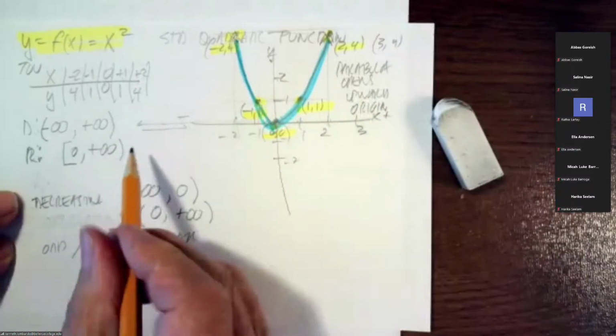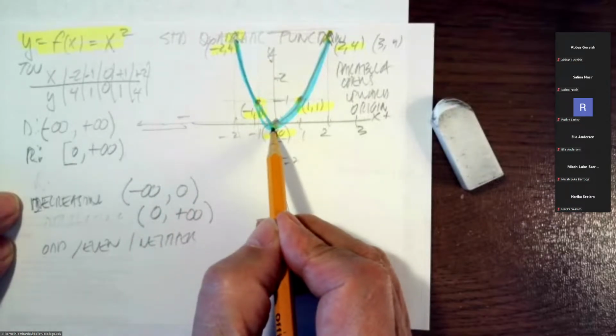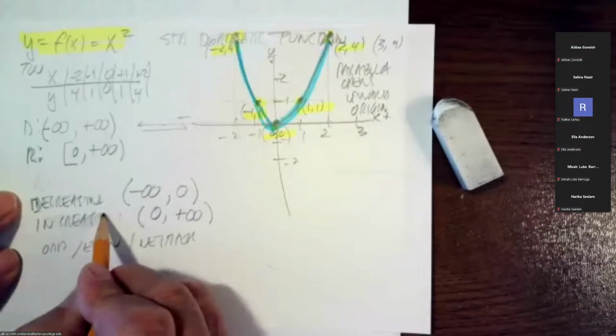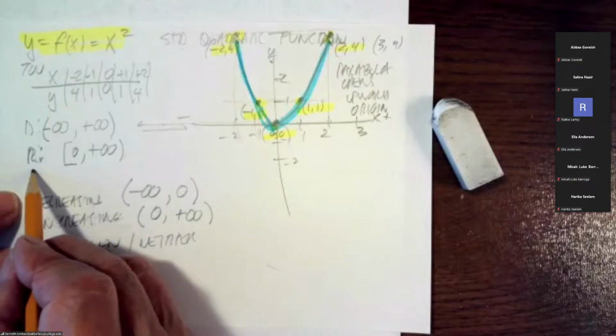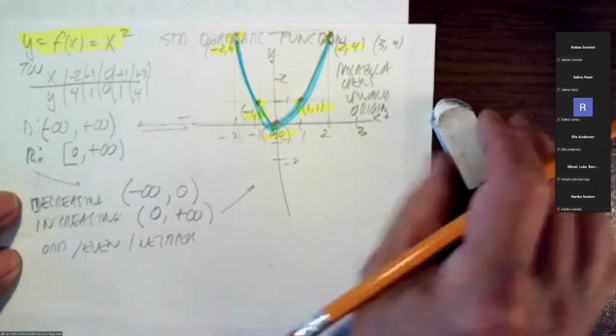So decreasing left to right, it decreases from negative infinity to 0, and it increases from 0 to positive infinity. Okay, so as we come from the left, it's decreasing. As we move out to the right, it's increasing.